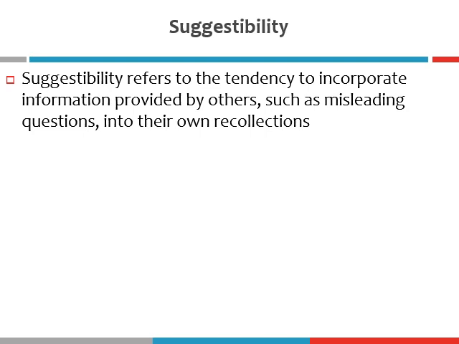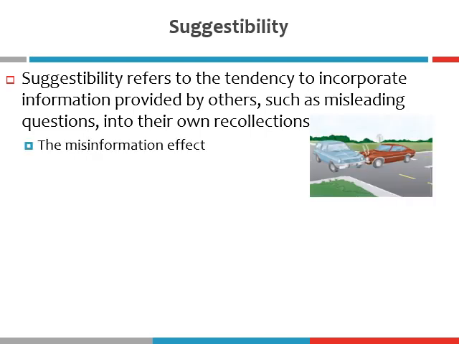So again, it's an error of commission, so it's a distortion or inaccuracy of memory. And particularly, it's one that results from us incorporating false or misleading information into our own recollection. Right? So kind of the classic demonstration of suggestibility is the misinformation effect, right?